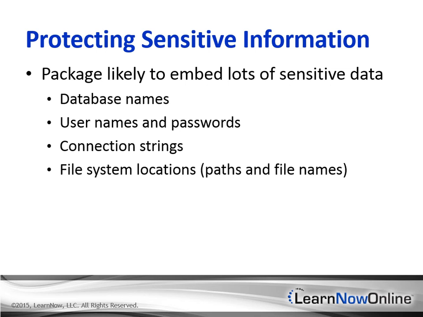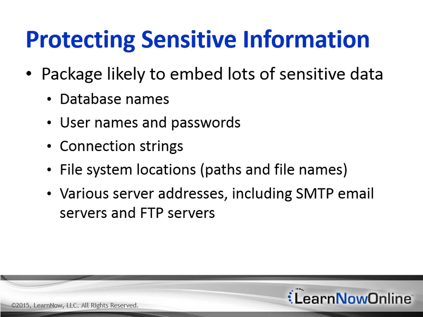If an attacker knows that you have a C:\customers folder and you store some kind of important customer information there, that could be a pretty juicy target. And then there's various server addresses, including SMTP email servers and FTP servers. Think of the problems an attacker can cause if they know more about the servers in your network. And then, of course, just the raw data.